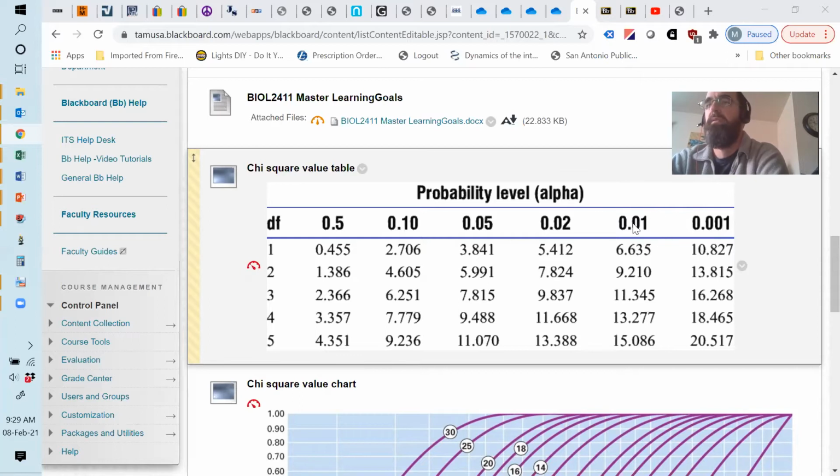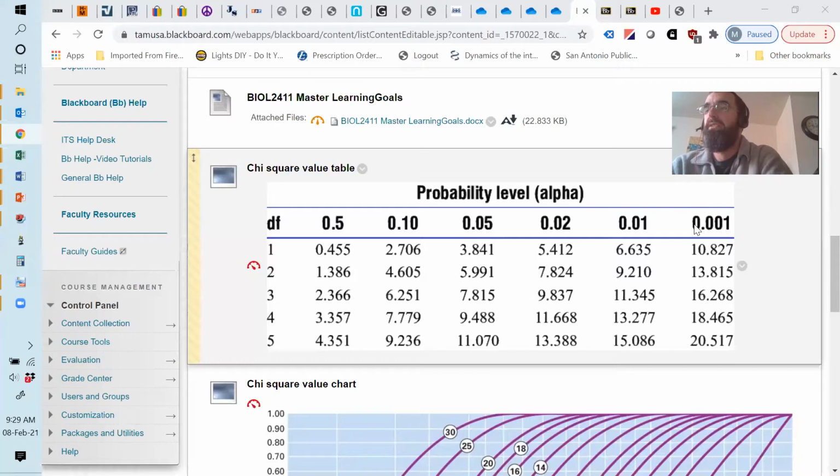P-value 0.01. 0.05 would be 1 in 20. So essentially you're saying it's going to be 1 in 20 chance it's not, hang on, tying myself in knots here.